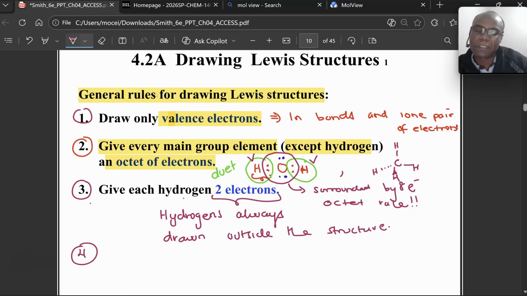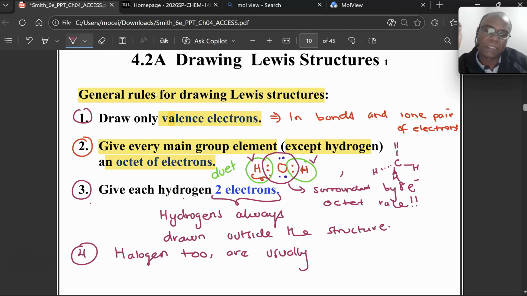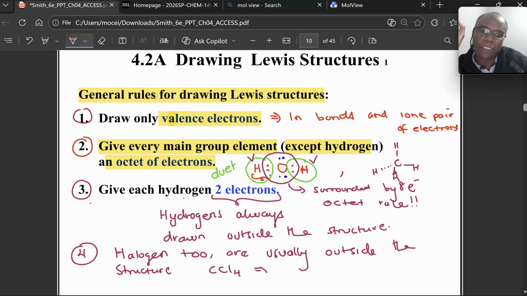And I can add another one, halogens too. Halogens are usually outside the structure. I say usually because there are a few exceptions where you'll see a halogen right in the middle of the structure. Okay, if you have a structure like this, yes, halogens including chlorine, fluorine, bromine will be outside.